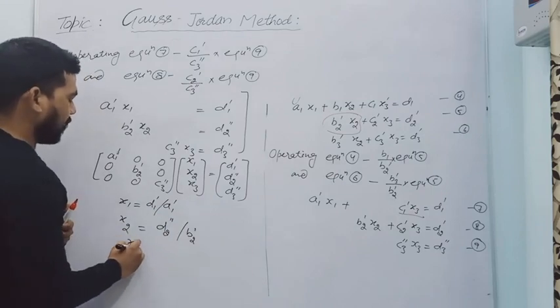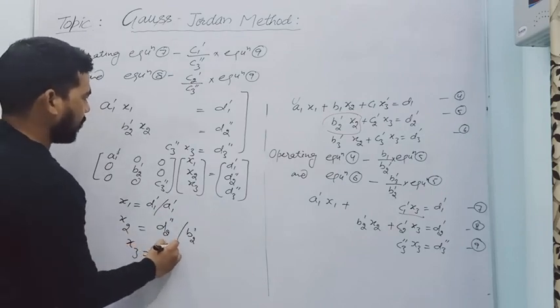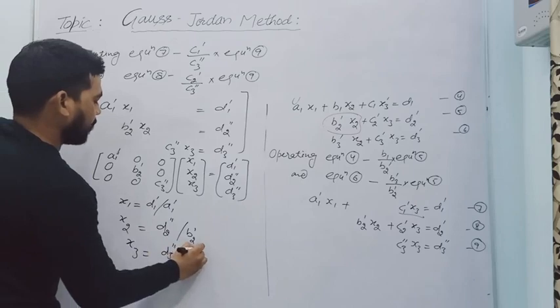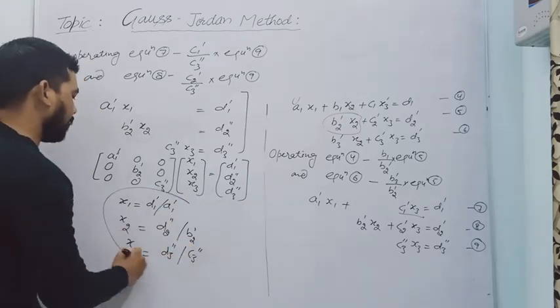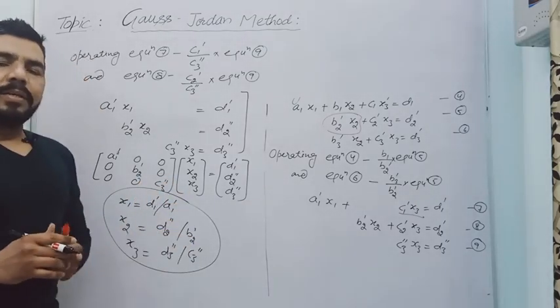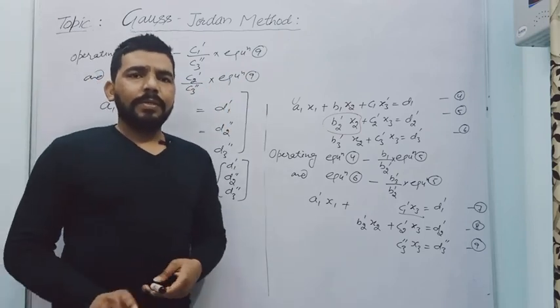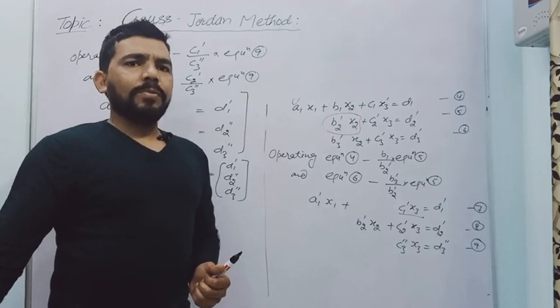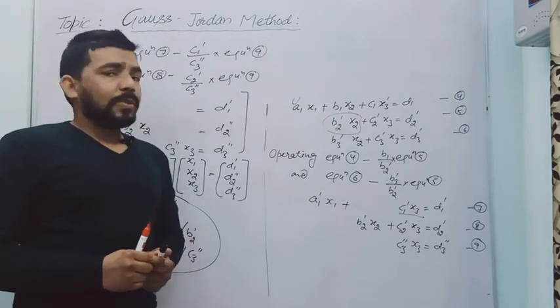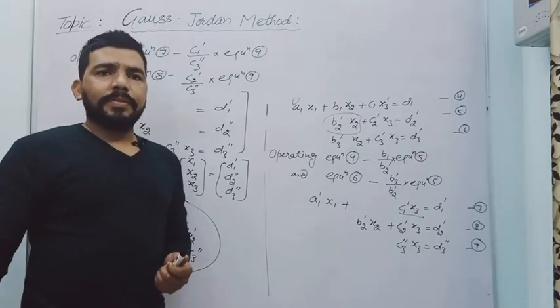And x3 will be given by d3 double dash by c3 double dash. In this way we find the solution of the system of linear equations by using the Gauss-Jordan method. So that was the method to find the solution of a system of linear equations.